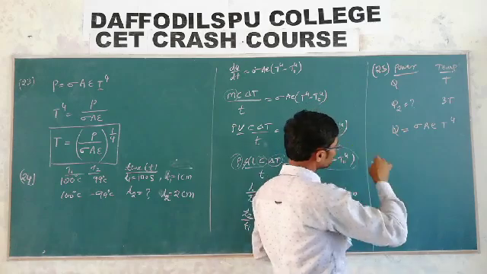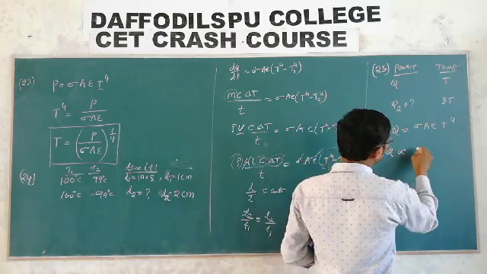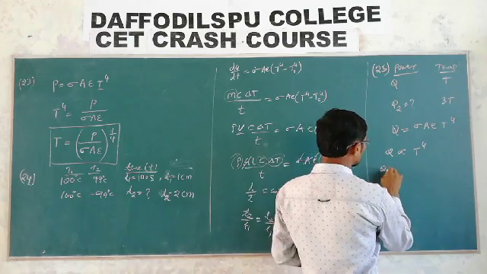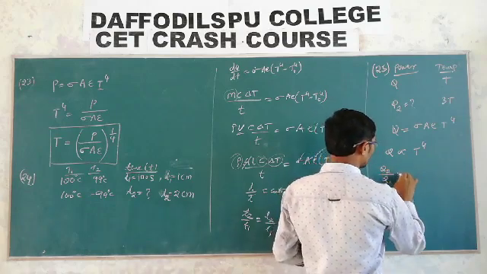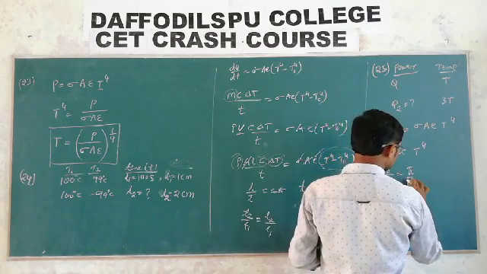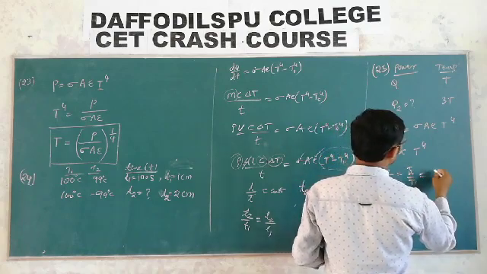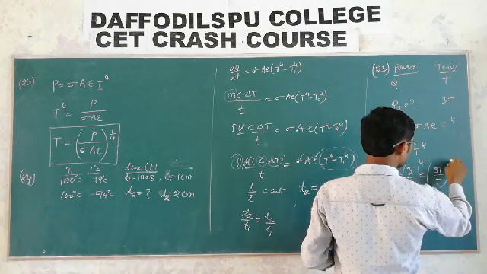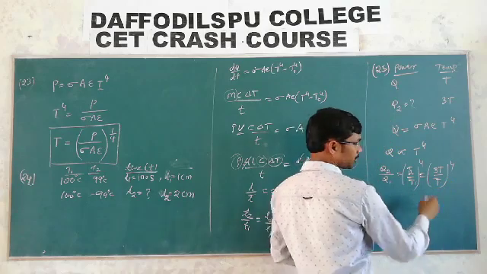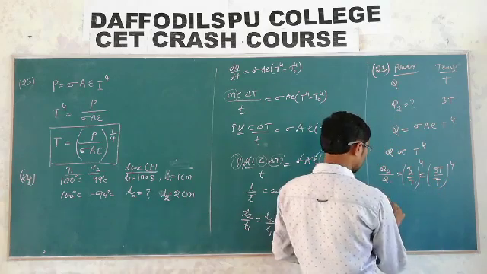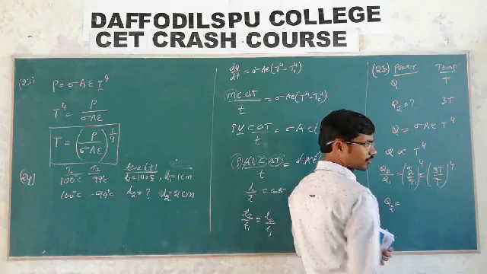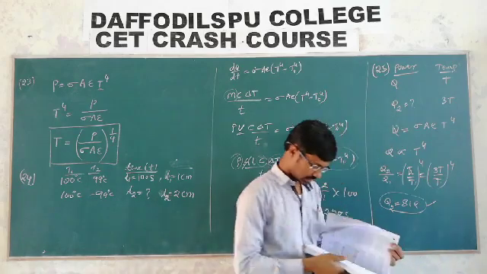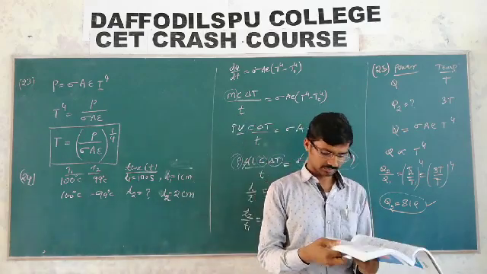So Q is directly proportional to the 4th power of the absolute temperature. Then Q2 by Q1 is equal to T2 by T1 whole power 4, and T2 is 3T, so 3T by T whole power 4. T cancels. 3 power 4 means 81. So Q2 is equal to 81 Q, the third option.